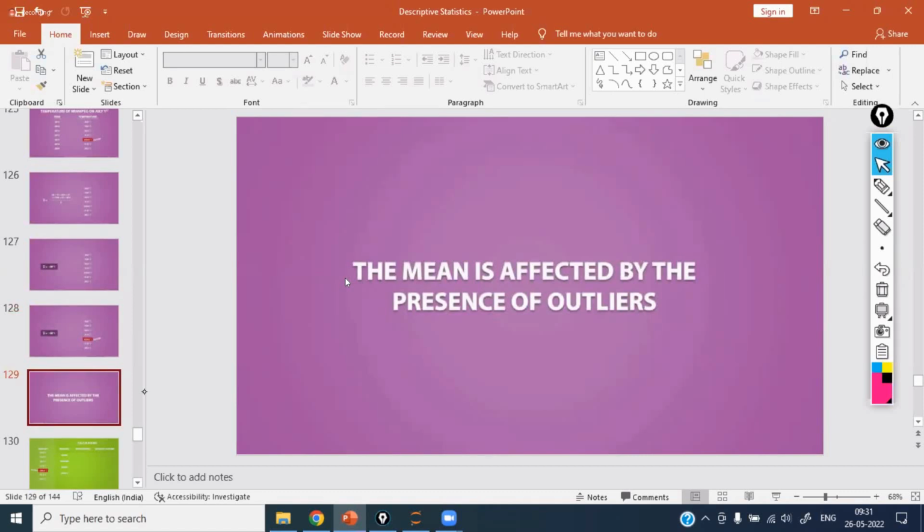If there is an outlier, the mean in the statistical analysis will be affected. If the mean is affected, automatically the variance and standard deviation will be affected, everything will be affected. The entire statistical analysis will be affected by the presence of outliers.